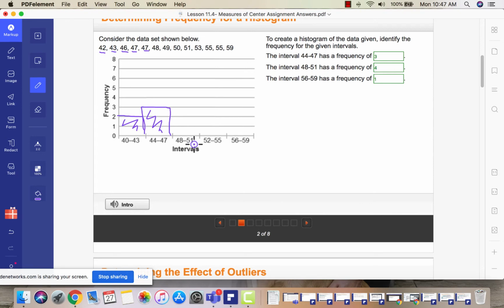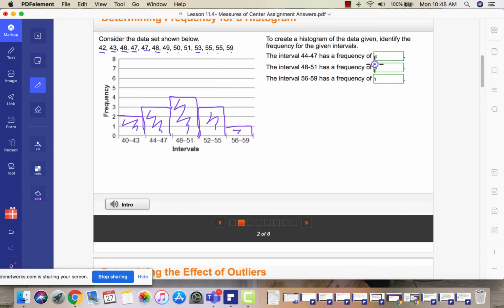Between 48 and 51, we have 1, 2, 3, 4. Between 52 and 55, we have 1, 2, 3. And between 56 and 59, we have 1. So this would be our histogram.